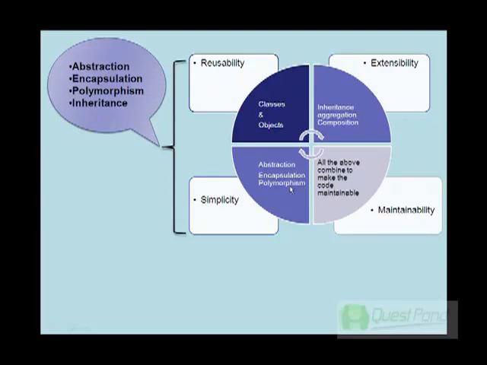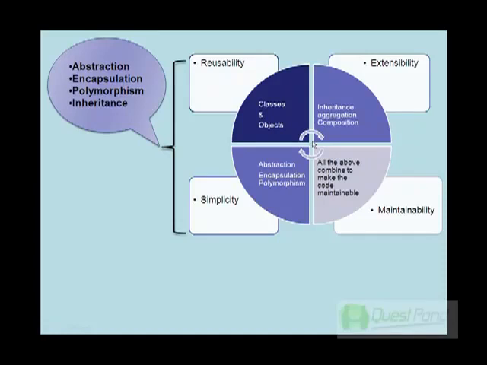So in order to make your methods simple, object-oriented programming has provided abstraction, encapsulation, and polymorphism. Overall, because we address reusability, simplicity, and extensibility, we have good maintainable, clean code, and with that the maintainability increases. In this way, object-oriented programming provides a solution to the four basic problems associated with functional programming.